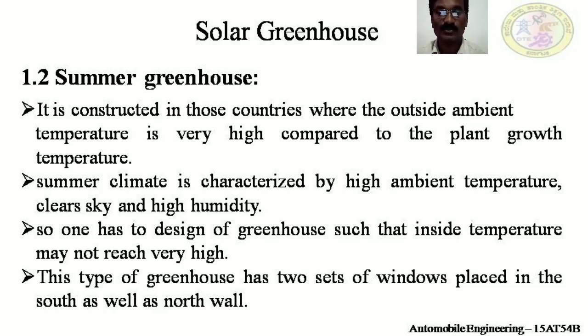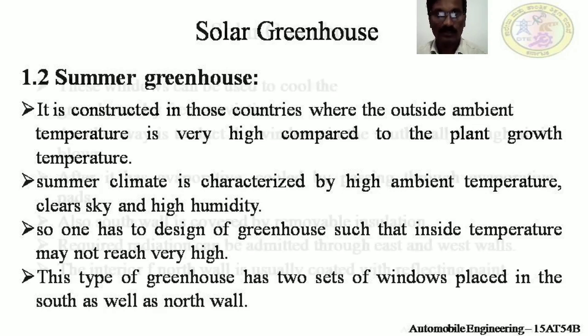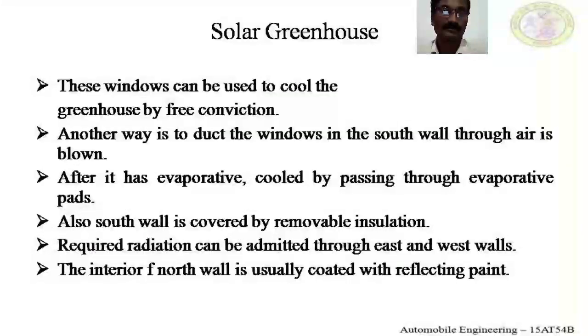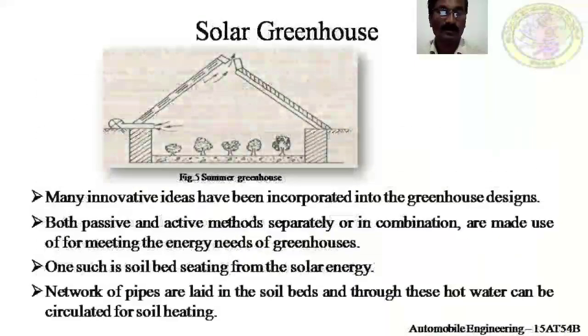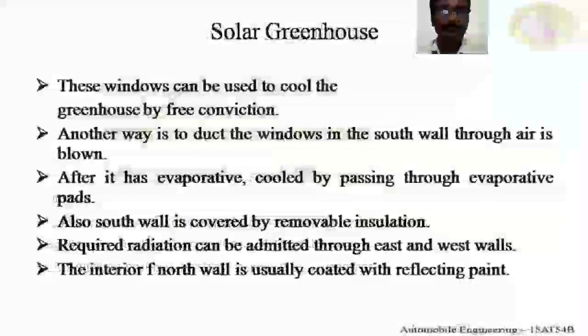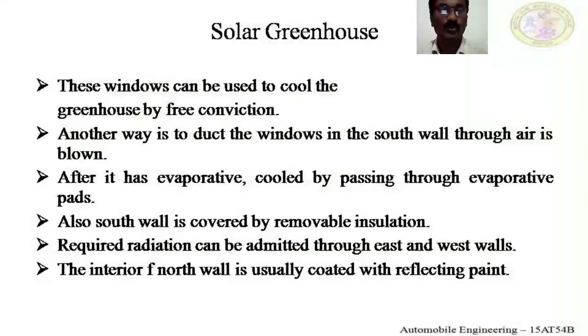This type of greenhouse has two sets of windows placed in the south as well as the north walls, as shown in the figures. These have the walls constructed here. These windows can be used to cool the greenhouse by free convection.